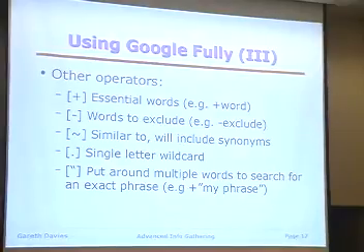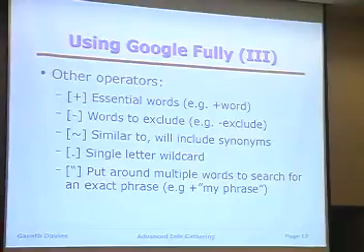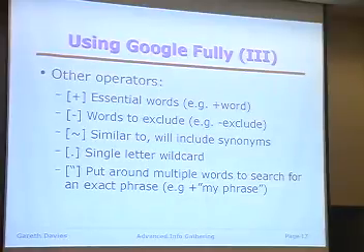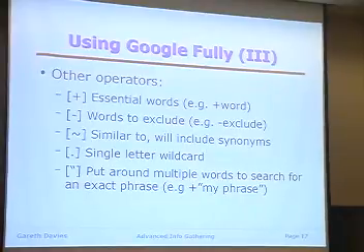Most people don't use the next one much. The tilde, the squiggly character, this means similar to, so it'll use synonyms. So if you put tilde food, it'll look at eating, cooking, all the related words. So that's one way, if you're not getting many results, you can actually broaden your search.